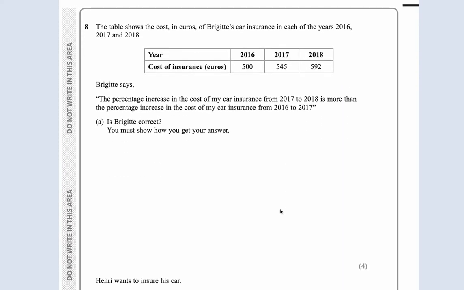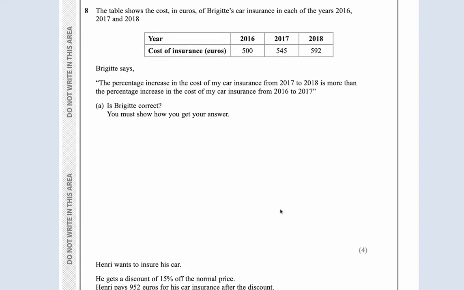Okay, question 8. The table shows the cost in euros of Bridget's car insurance in each of the years 2016, 17, and 18. Bridget says, the percentage increase in the cost of my car insurance from 2017 to 2018 is more than from 2016 to 2017. Is she correct? Okay, let's find the percentage increase. So let's do 2016 to 2017.